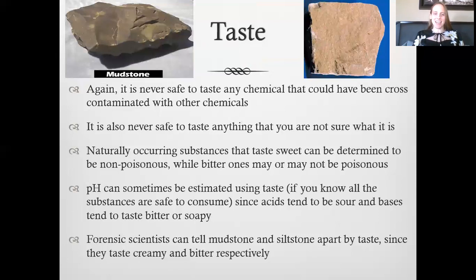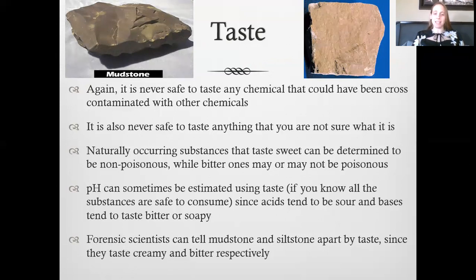And then lastly, taste. You should never just go in and taste random chemicals. The chemicals themselves might not be safe, or even chemicals that seem safe might be cross-contaminated if they're in a lab. So you should never taste anything if you're not 100% sure what it is. However, naturally occurring substances that taste sweet are often non-poisonous, and bitter ones are often a sign of poison.